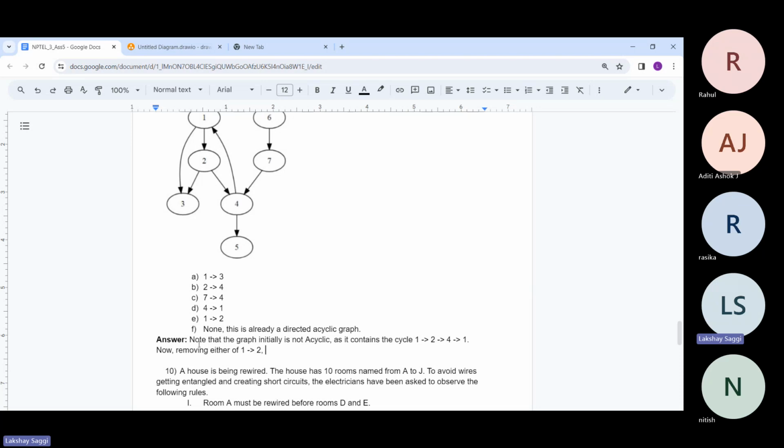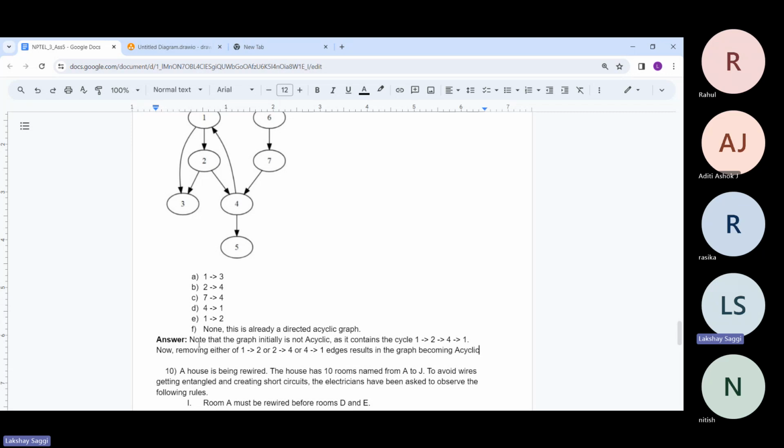So we note that removing either of 1 to 2, or 2 to 4, or let's say the 4 to 1 edge, results in the graph becoming acyclic.